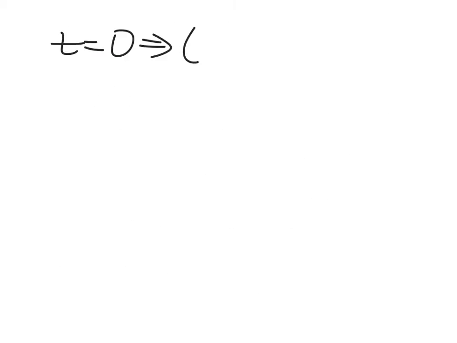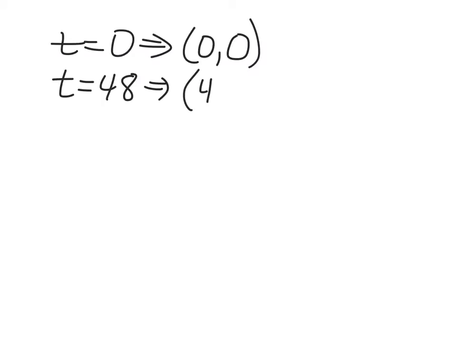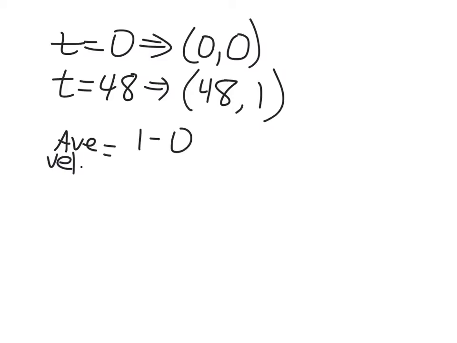At t equals 0, our position, we're going to start at a position of 0. And then at 48 seconds, we're going to be at a position of 1 mile. So the average velocity then would be change in distance over change in time.